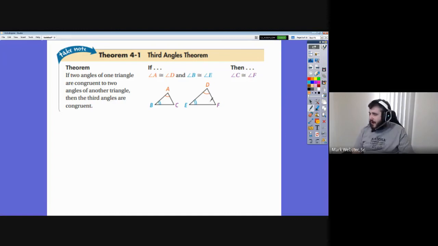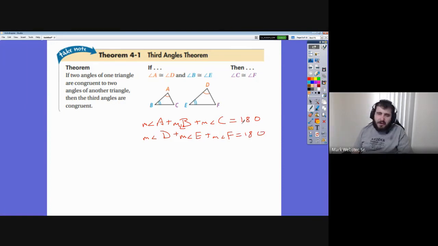We also know that the three angles of a triangle add up to 180. I'm not going to do a nice big rigorous proof for this one. But we're going to follow the exact same process that we had done 50,000 times already.